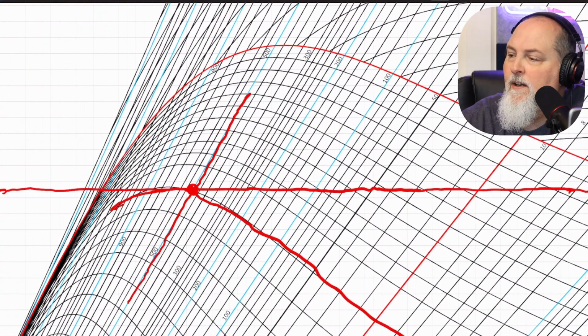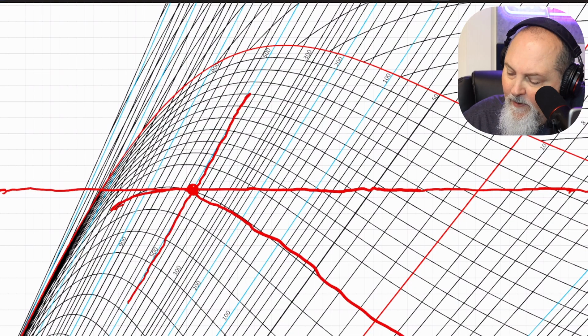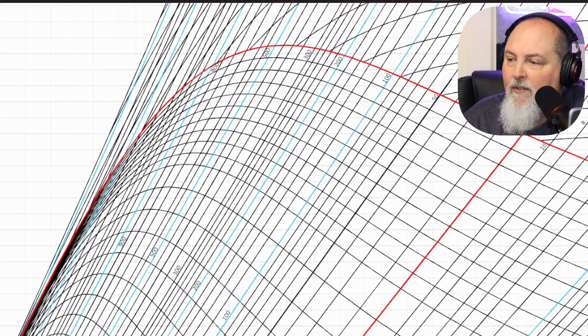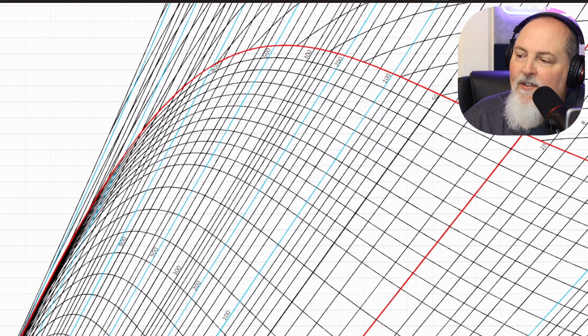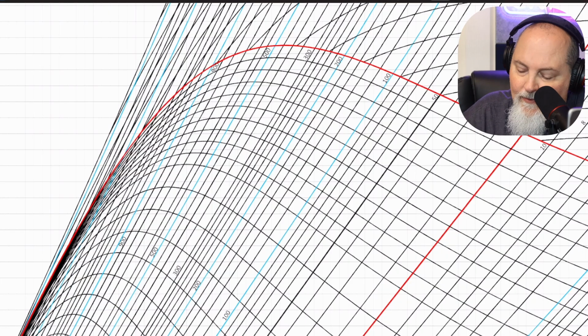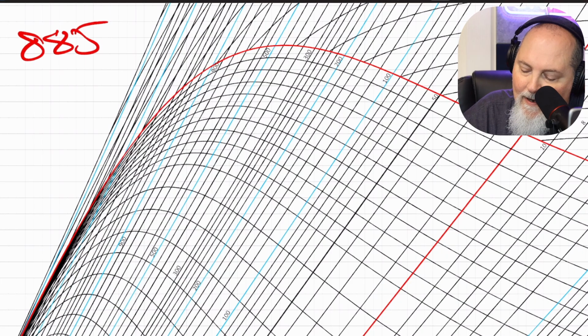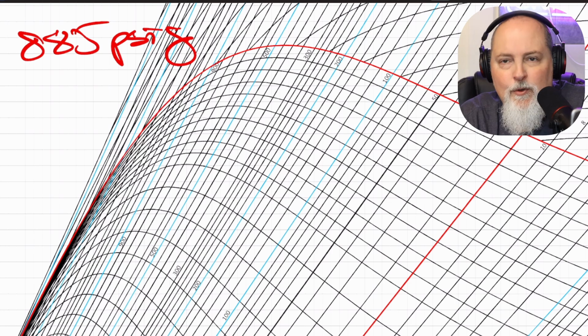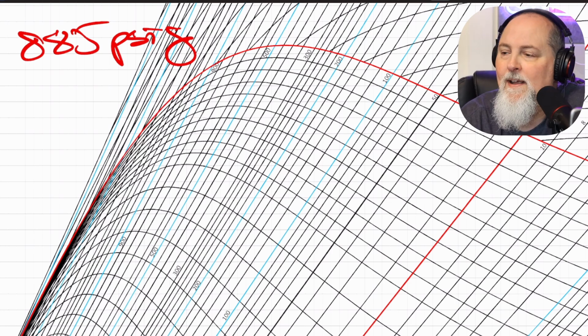Let's take a look at the next one. On number 4, let me clear this. On number 4, it says a dry saturated steam at 885 psig. And we have to be careful about that because this Mollier diagram doesn't use PSIG, it uses PSIA.